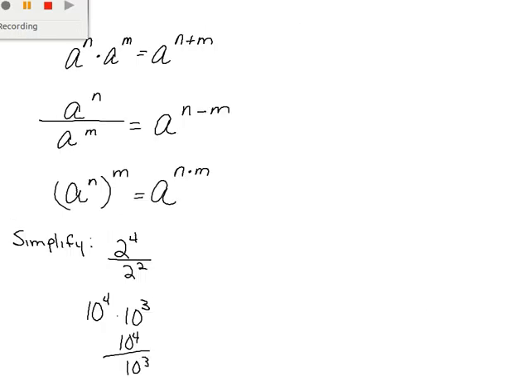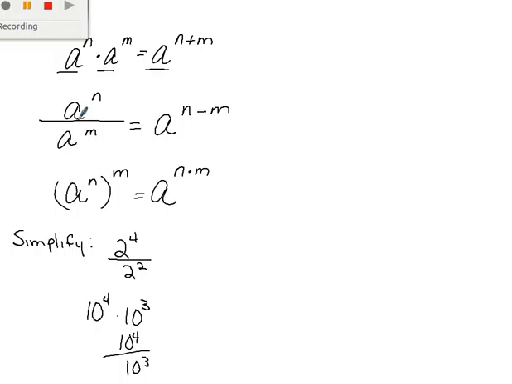We have to be able to write these algebraically, and that's what this page shows. A base value to the nth power times the same base power to the m power would equal the base a to the n plus m. When you are multiplying base numbers with exponents, you add the exponents.